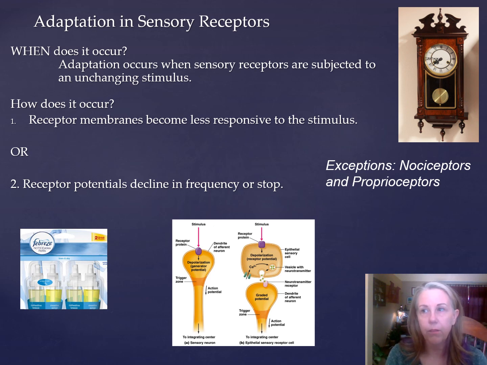That's not going to work evolutionarily with, you know, staying alive. So we do like that proprioception is exempt from adaptation, because we wouldn't be able to function the way we would normally. So two exceptions to that rule of adaptation: nociceptors and proprioceptors. Another name for proprioceptors are joint kinesthetic receptors.